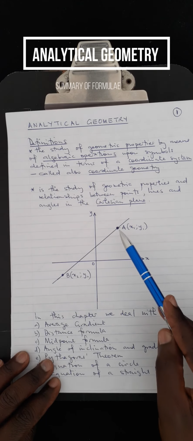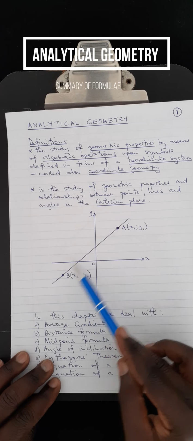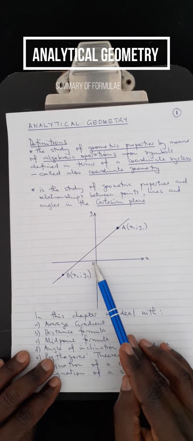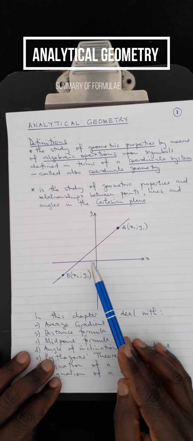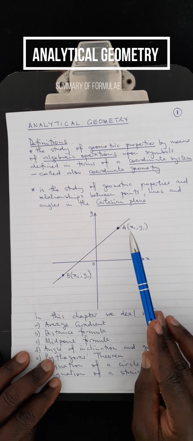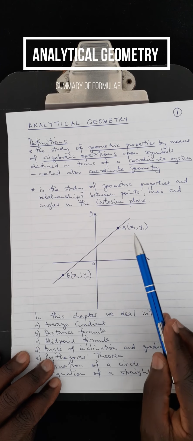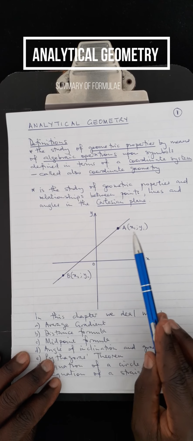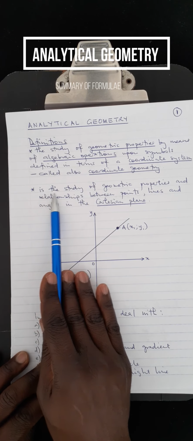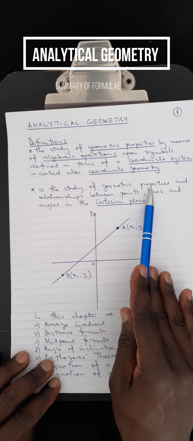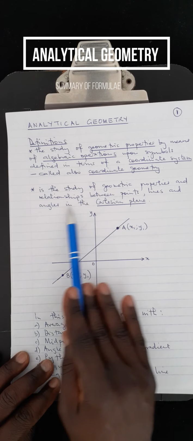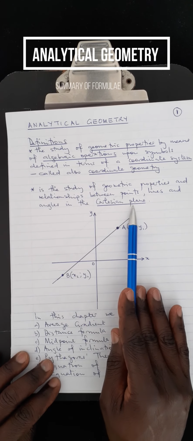We'll be talking about points, especially in relation to the coordinate geometry, which I'll come to, and also the deduction of lines, angles, and figures that are in space. The second definition is the study of geometric properties and relationships between points, lines, and angles in the Cartesian plane.